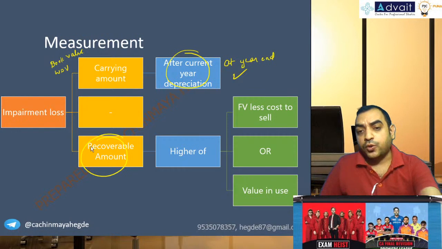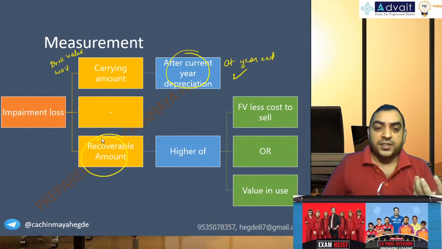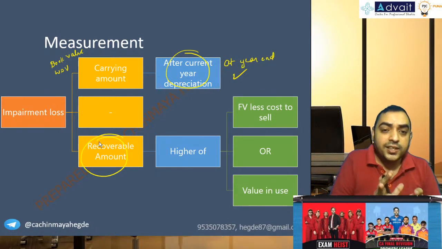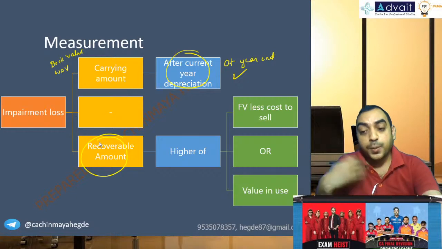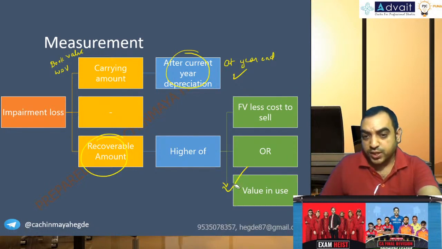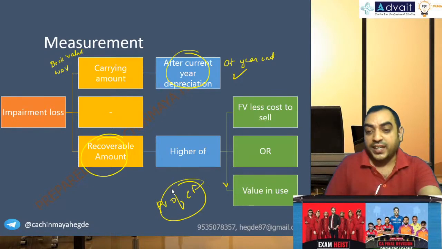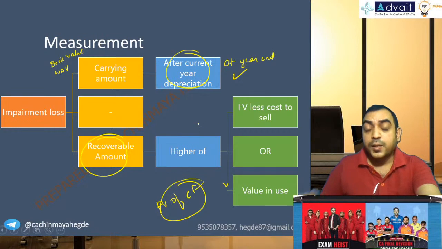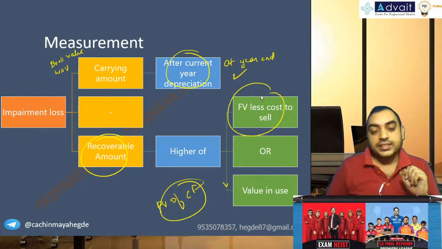Now, recoverable amount. How can an asset be recovered? Either by using the asset or by selling the asset. By using the asset, you get value in use, the present value of future cash flows. Value in use is nothing but the present value of future cash flows from the asset. And by selling the asset means fair value less cost to sell.